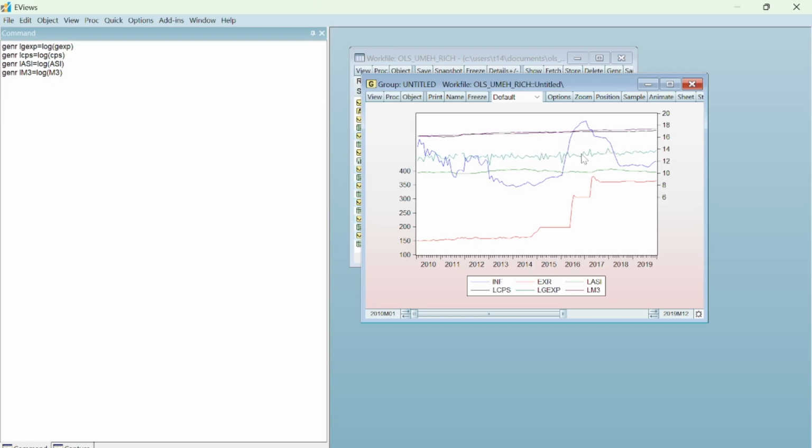We can see that government expenditure has always been fluctuating, but fortunately it's logged. I don't think it's driving inflation. According to it, there's no spike to say at this period it increased inflation a lot.